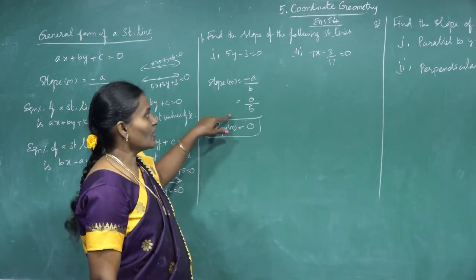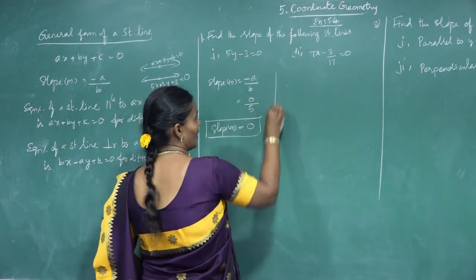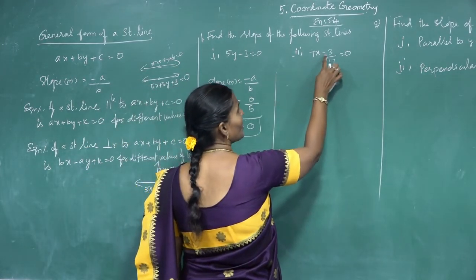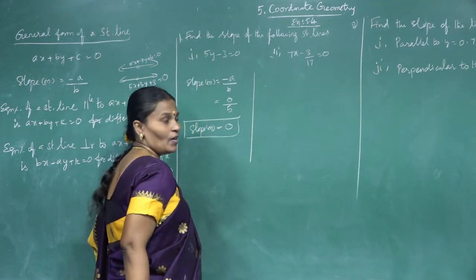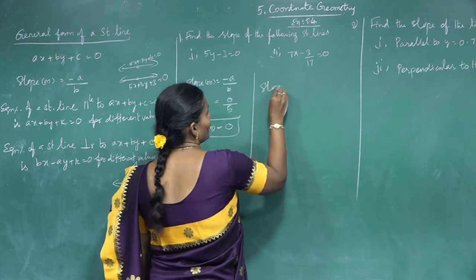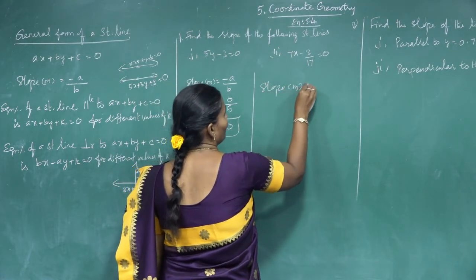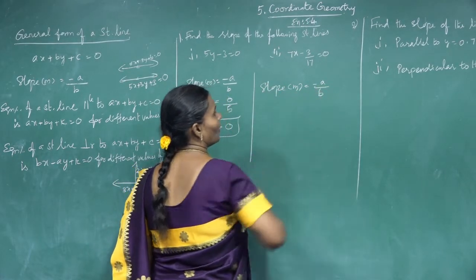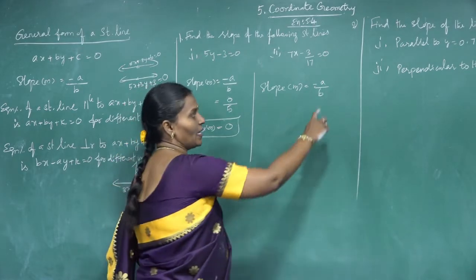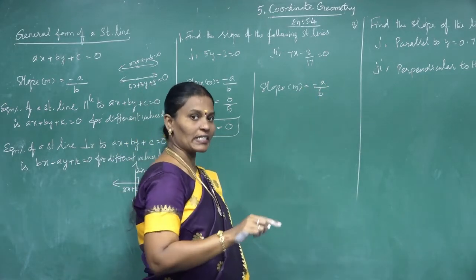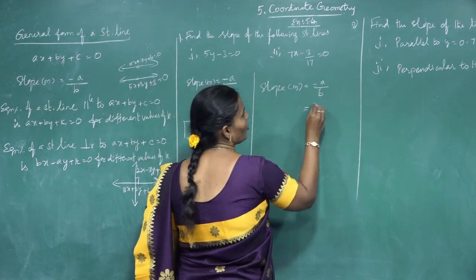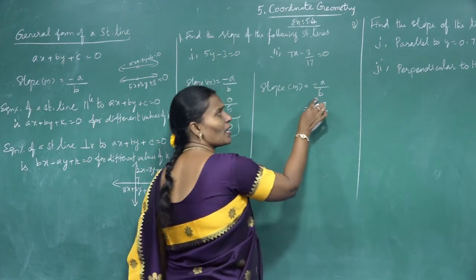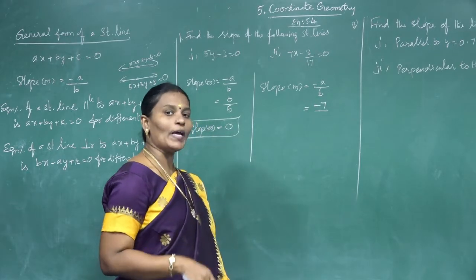Understand, children? Now we see the second sum: 7x minus 3 by 17 is equal to 0. You know the slope formula, slope m is equal to minus a by b. What is a here? The coefficient of x, which is 7. So minus 7. What is b? b is the coefficient of y.